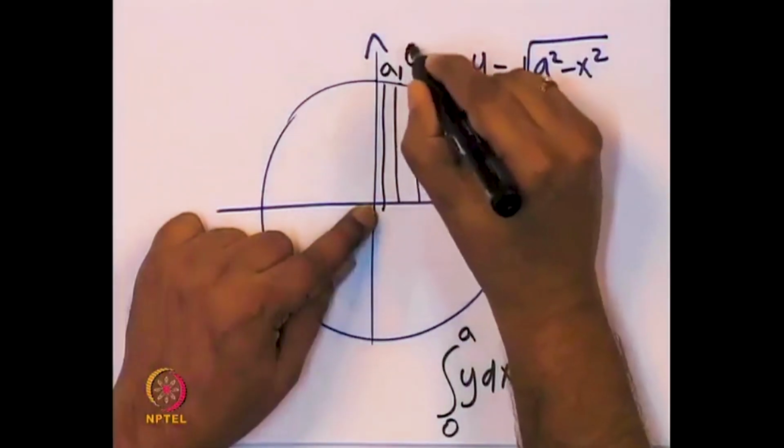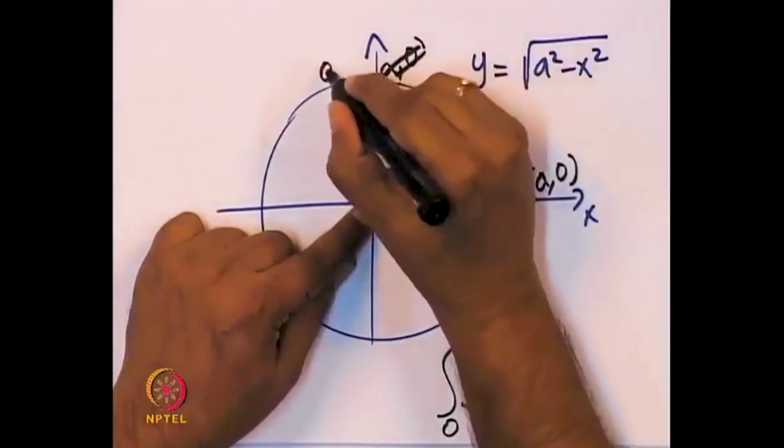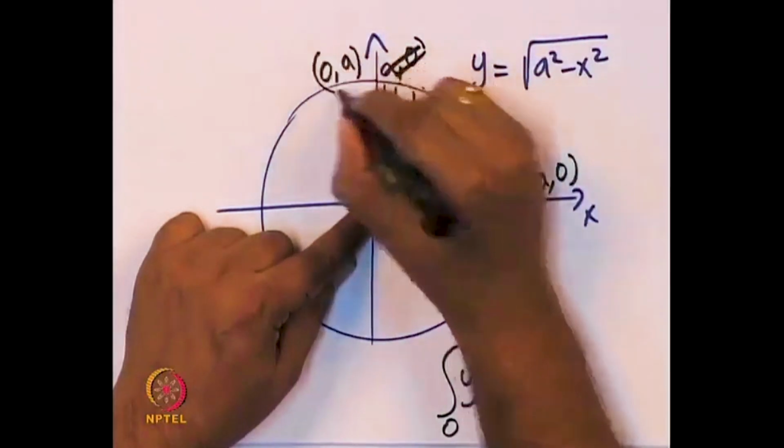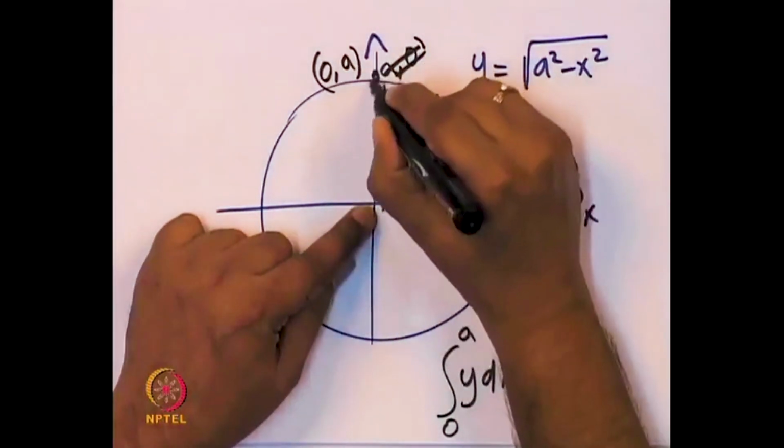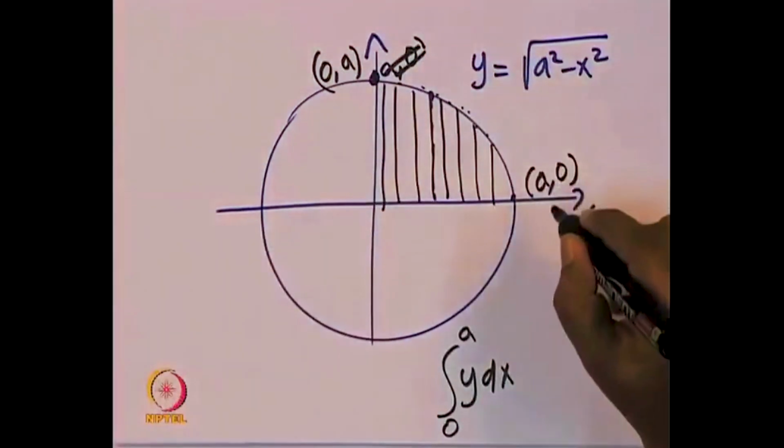Here x is equal to 0 and y is equal to a. These points are 0, a and a, 0.